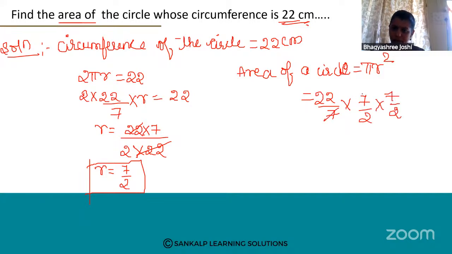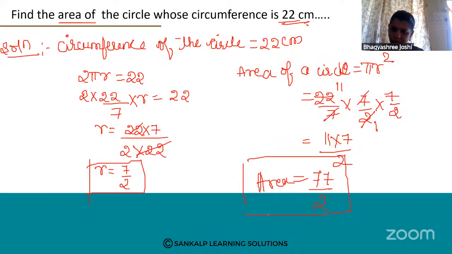So 7 and 7 will get cancelled. 7 ones are 7, 7 ones are 7, 2 ones are 2, 11 twos are 22. So 11 into 7 divided by 2 ones are 2. 11 into 7 is 77 divided by 2. So this is the area of the circle.